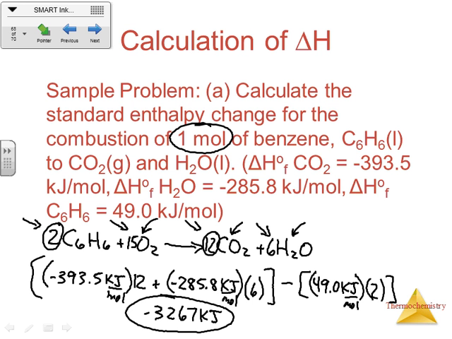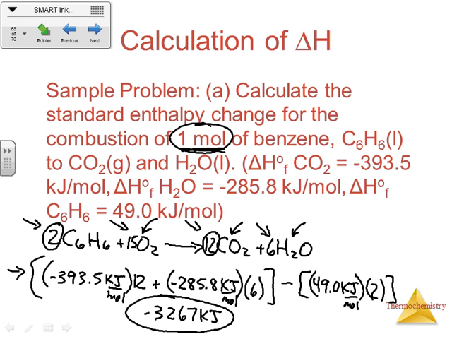Our heat of combustion here should be half as much. So it's going to be negative 3267. If you worked out this number the way that we did it, you would get twice that. You get negative 6534, okay? But if you had the coefficients the correct way, because we're combusting 1 mole of benzene here.